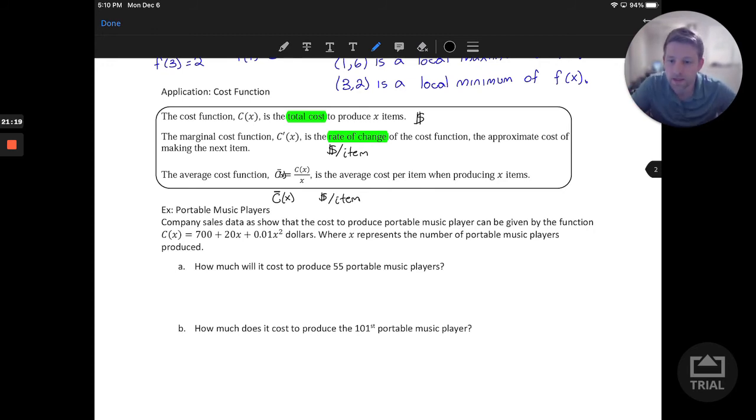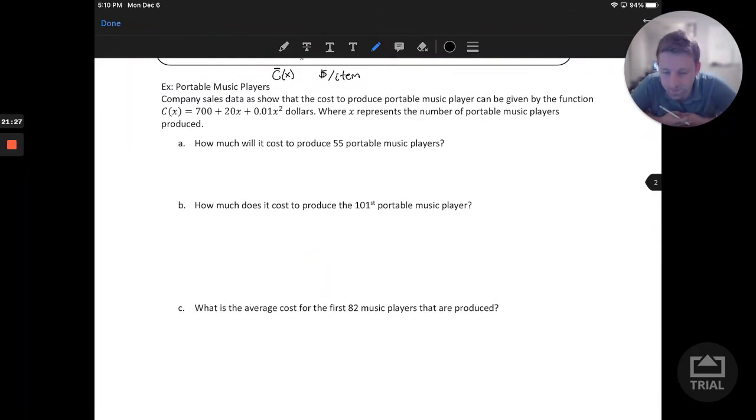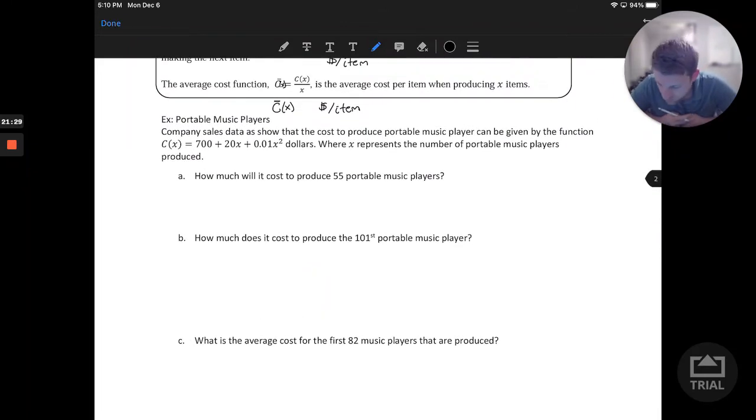So let's go ahead and dive into this portable music player example. So company sales data has shown that the cost to produce portable music players can be given by the function C of x equals 700 plus 20x plus 0.01x squared dollars, where x represents the number of portable music players produced.